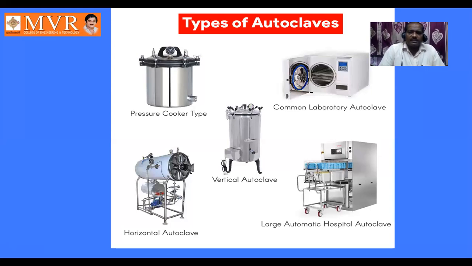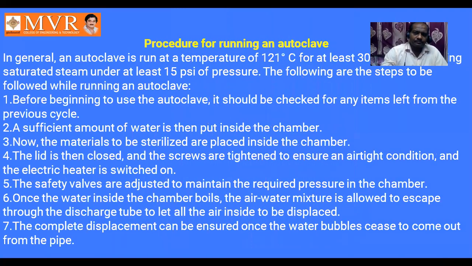In industries also, exclusively in electronic devices, sterilization is essential, because if any bacteria, viruses, or rust form, it will spoil the process. So these are the different types of autoclave instruments or devices which are used.